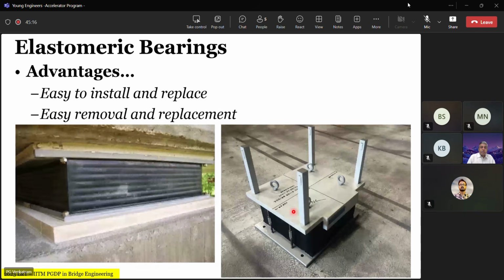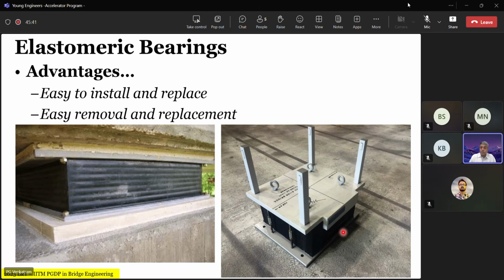Now, elastomeric bearings are very easy to install and replace. What you see here is an example of an elastomeric bearing with anchor studs, which means it is transferring certain horizontal forces with restricted movement while allowing movement.